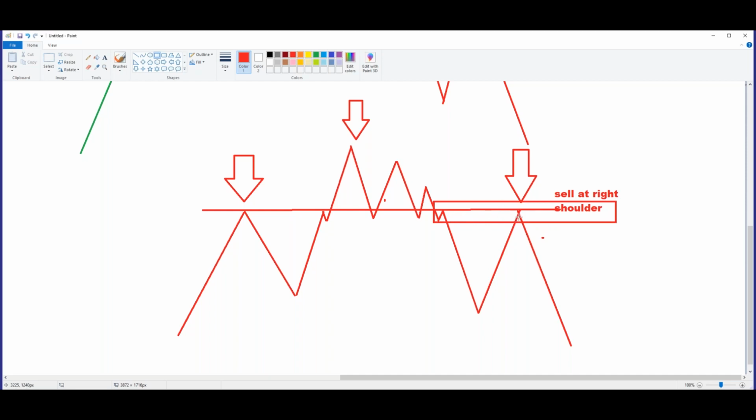That is where we want to enter sell and then put the stop loss above the king zone, or maybe you can put the stop loss above the head, depending on the stop loss value. Let's suppose that if you put the stop loss above the head and it is around 20 pips, then it is much better to put it on top here. But if the stop loss above here is around 50 or 80 pips, it is quite risky, and the best is to put it smaller over here.